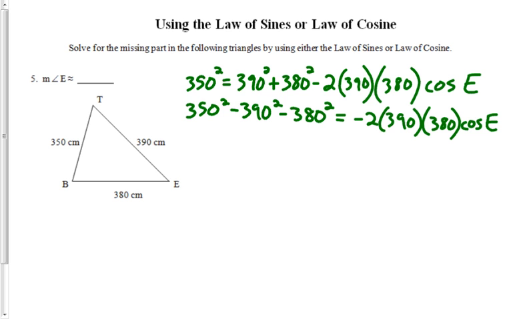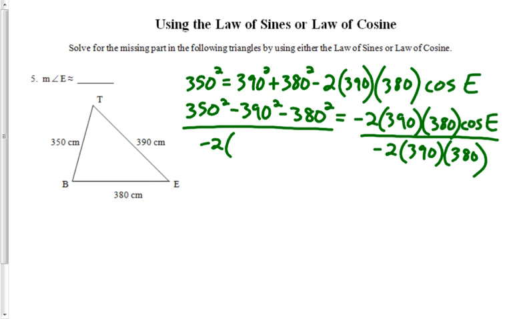Now to get the cosine of angle E by itself, I'm going to divide both sides by negative 2 times 390 times 380. These are going to cancel out, leaving me with the cosine of E by itself.